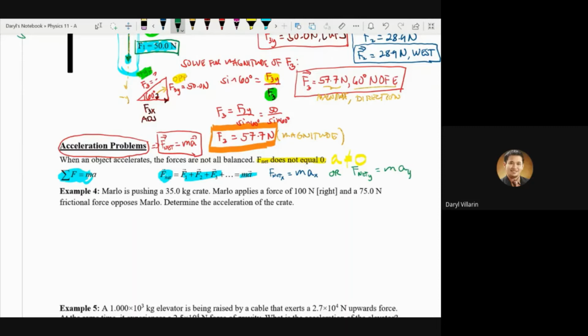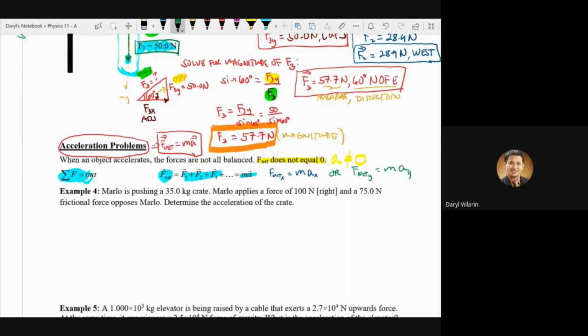So yes, if you have two-dimensional forces, might as well break them down first to their x and y components.